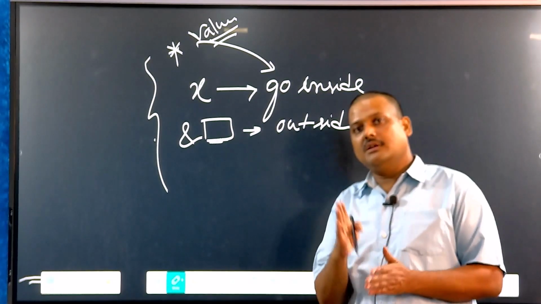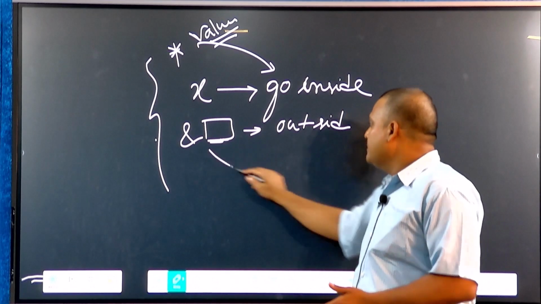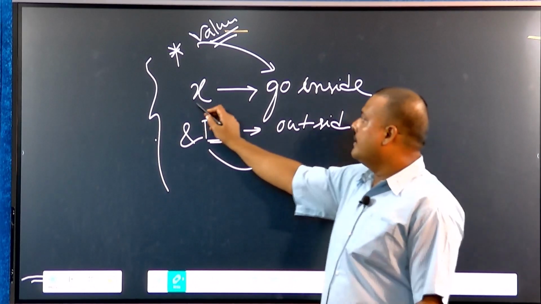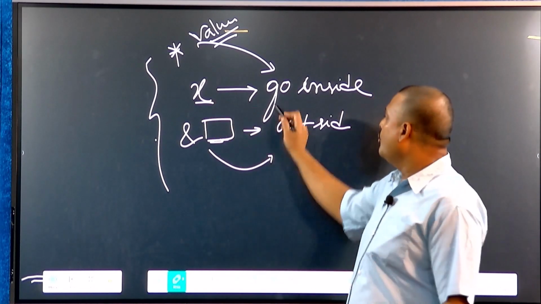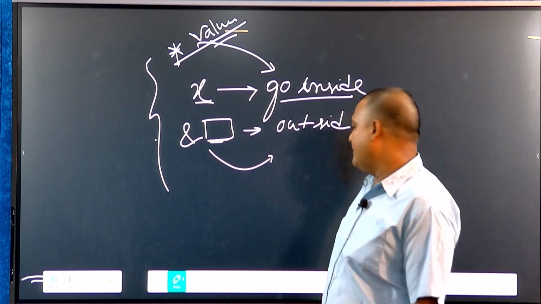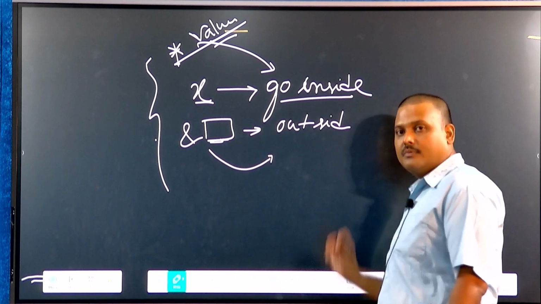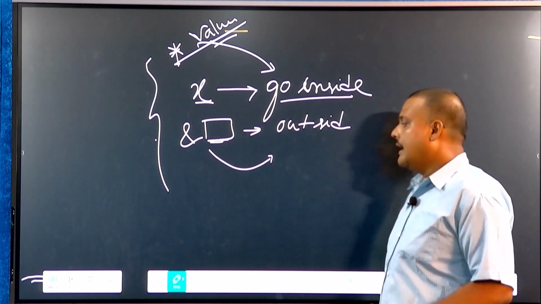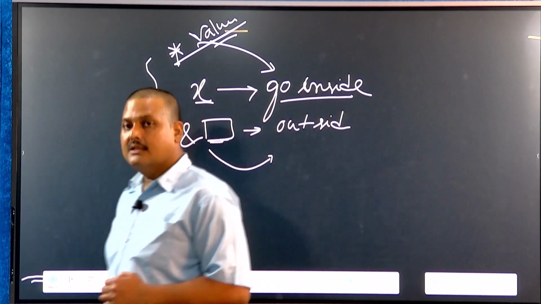In case of address you go outside, in case of variable directly go outside, then pointer of some value, go inside, then you will have that particular value. I think the concept is clear again.